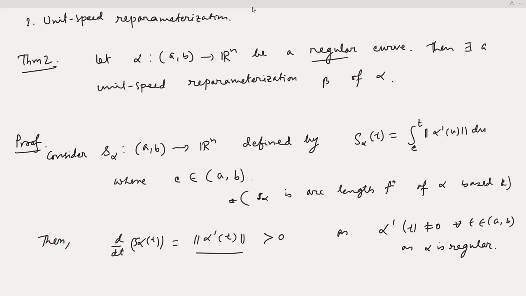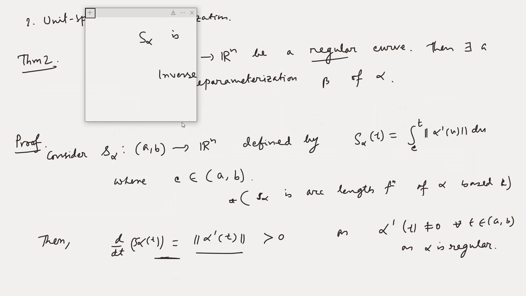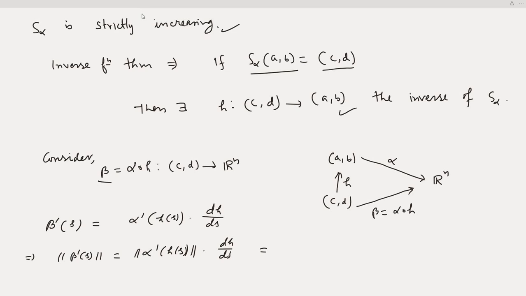So this is equal to dS/dt at h of s times dh/ds, and this is equal to 1 by the inverse function theorem. So this is the proof. We stop here. Thank you.